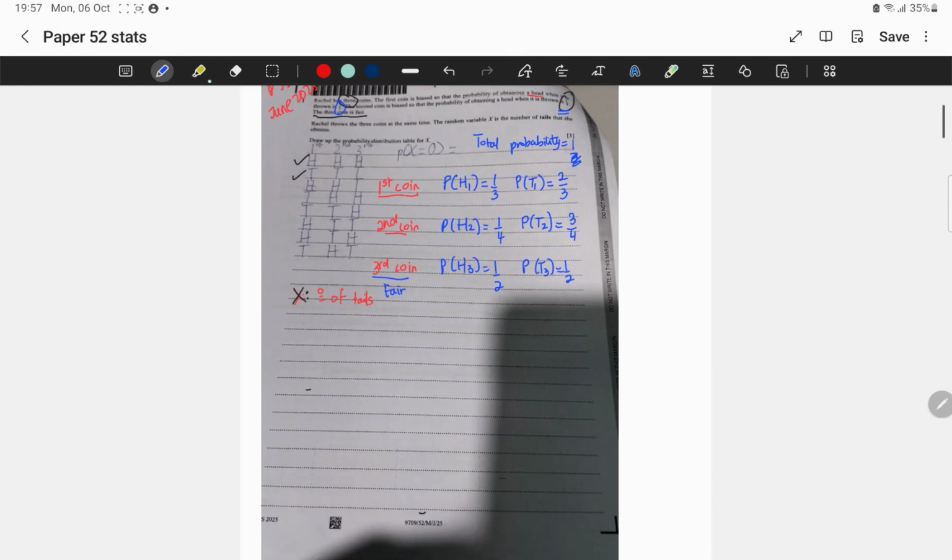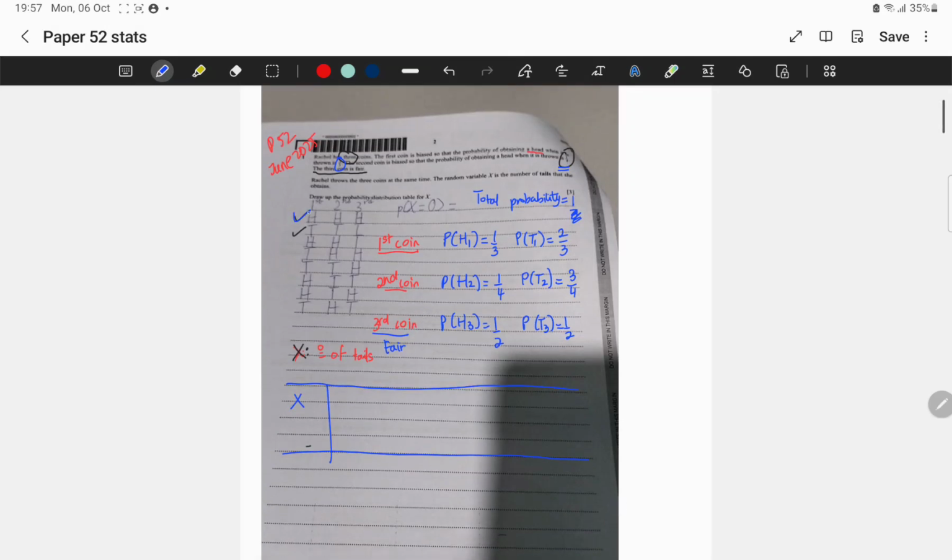These probabilities are important because once you draw your probability distribution table, you're going to use these values. Look at this. What you did here is correct, but what you missed is you have to focus on the number of tails. So the number of tails I can get is 0, 1, 2 or 3.